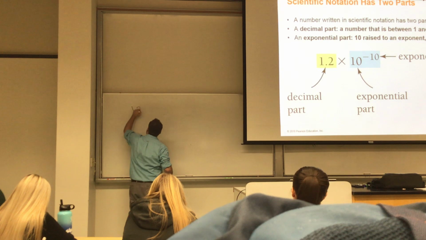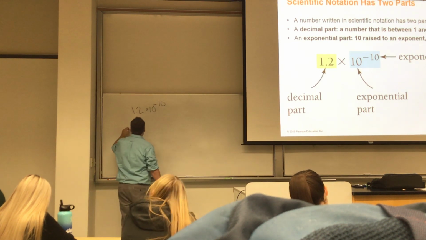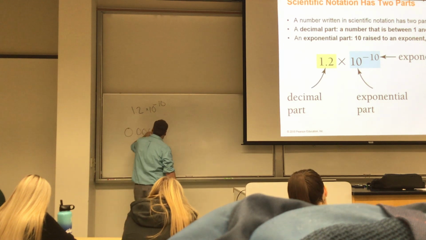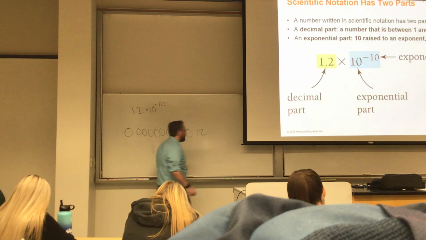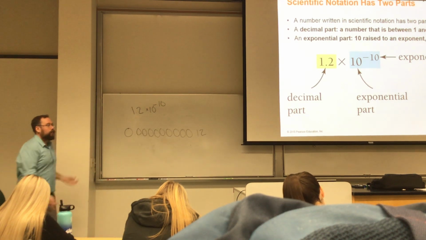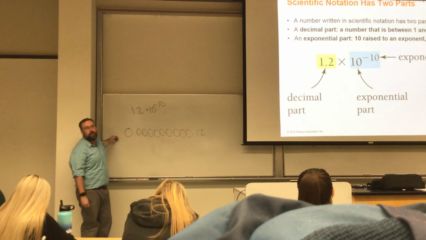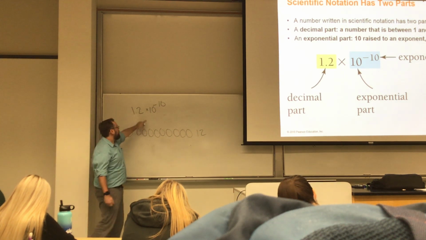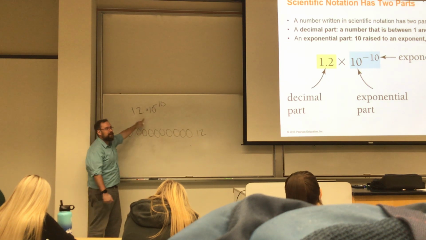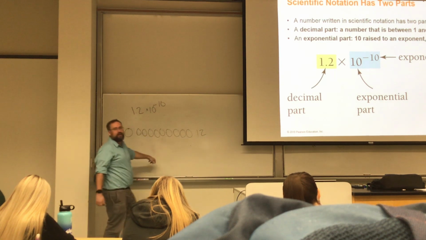So 1.2 times 10 to the negative 10 is the same as 0.12 with the zeros in front. These are conveying the same information, but this one is much easier for me to read and process than this one when I'm trying to compare values.